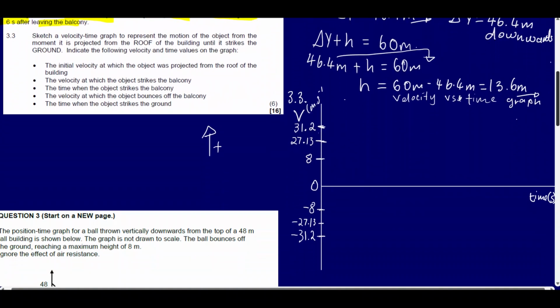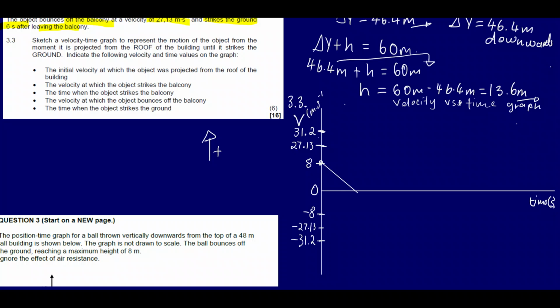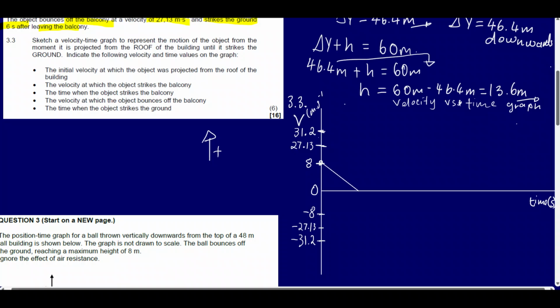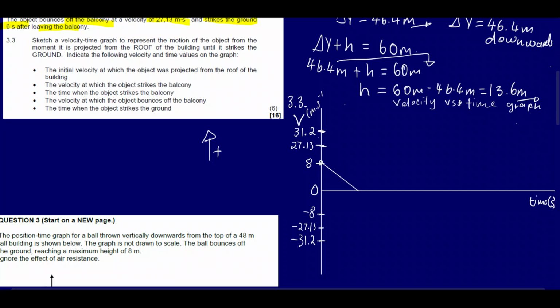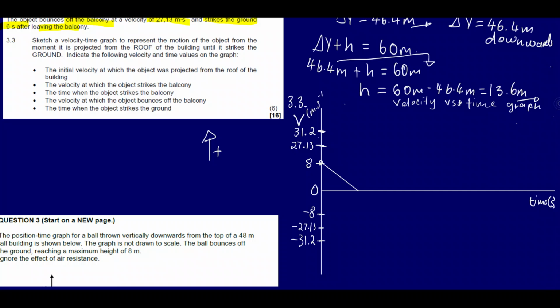Let's show that first part of the motion. We'll show that the object is going to reach the maximum height at this time. We're not sure what that time is, but we know it's going to have a velocity of 0 at the maximum height.